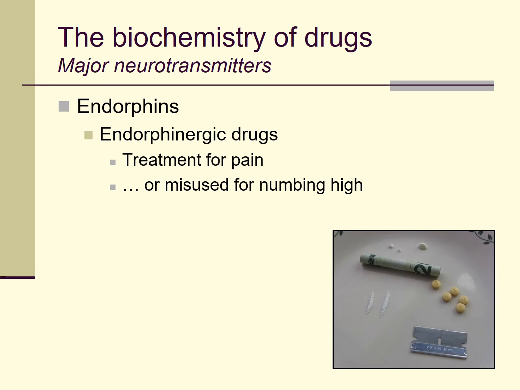Now, I've mentioned this in previous lectures, but there are classes of endorphinergic drugs which I've identified previously as the opiates. The opiates, whether they are natural opiates like opium or synthetic opiates like fentanyl, these are all drugs which either naturally have chemical structures very similar to the endorphins in your body, or which are engineered synthetically to have those very similar chemical structures.